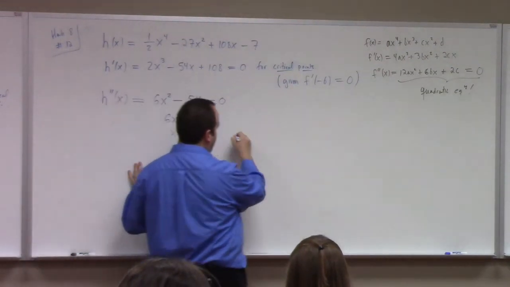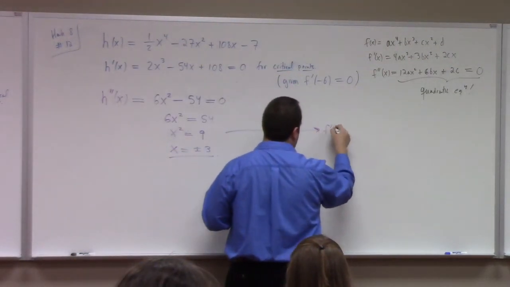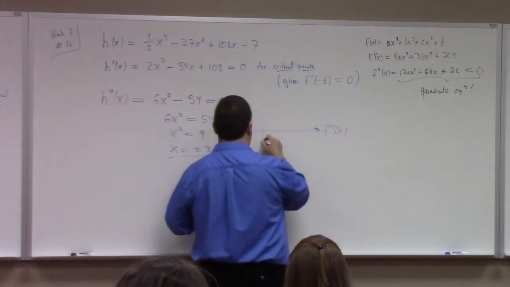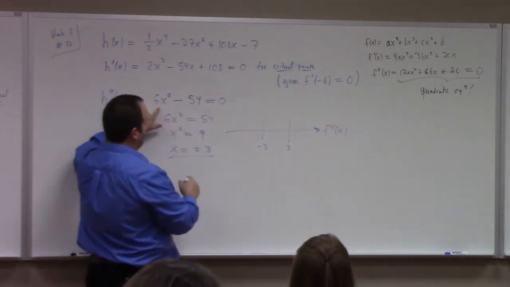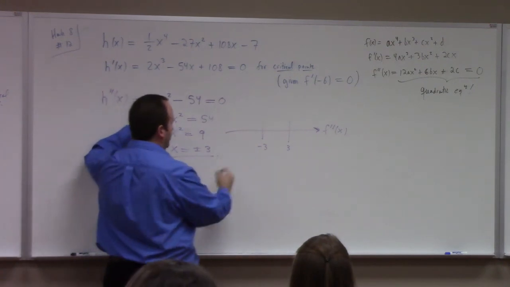So if I make my f prime prime of x chart, this is a parabola which opens up, so it's going to look like this.